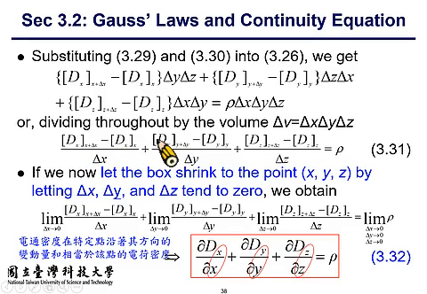In the middle is Dy at y plus delta y minus Dy at y divided by delta y, and so on for the z direction, the z component. As you can see, if you take the limit, that is, decrease delta x, delta y, and delta z to very small numbers approaching 0, you can write this equation in this form, which ends up as equation 3.32.